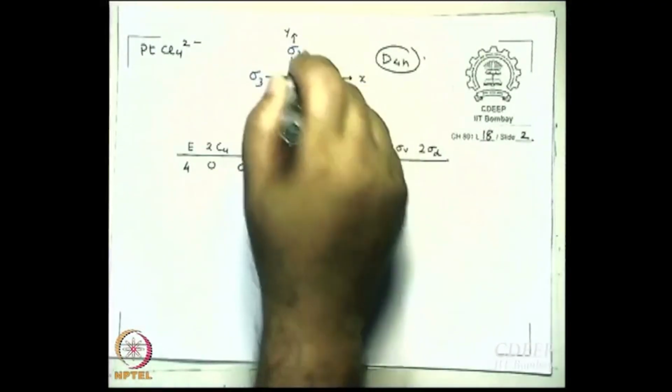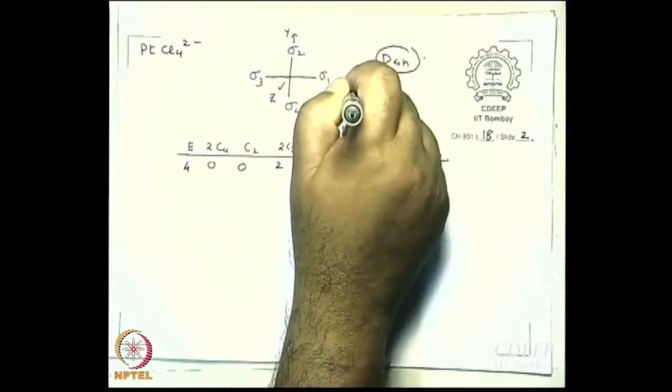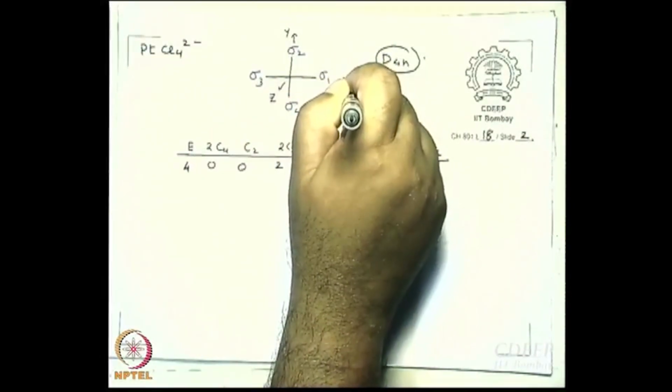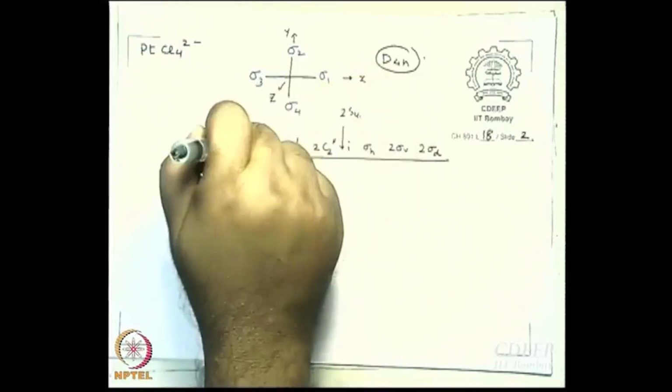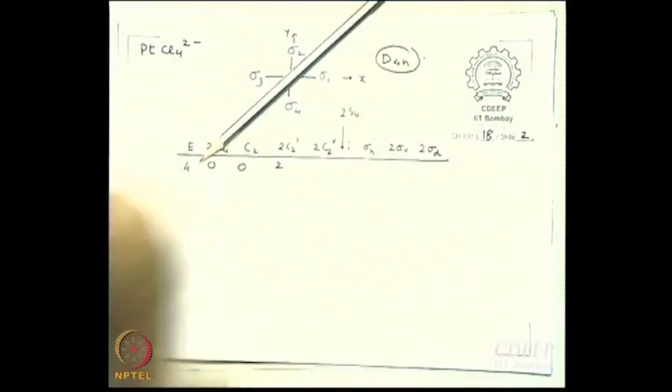I am using the sigma 1, sigma 2, sigma 3, sigma 4, let us say s orbitals of chlorine, as the basis and we are constructing the reducible representation. Okay, fine. C2 double dash, 0, we are all convinced, right? C2 double dash is 0 because this is where C2 double dash is.